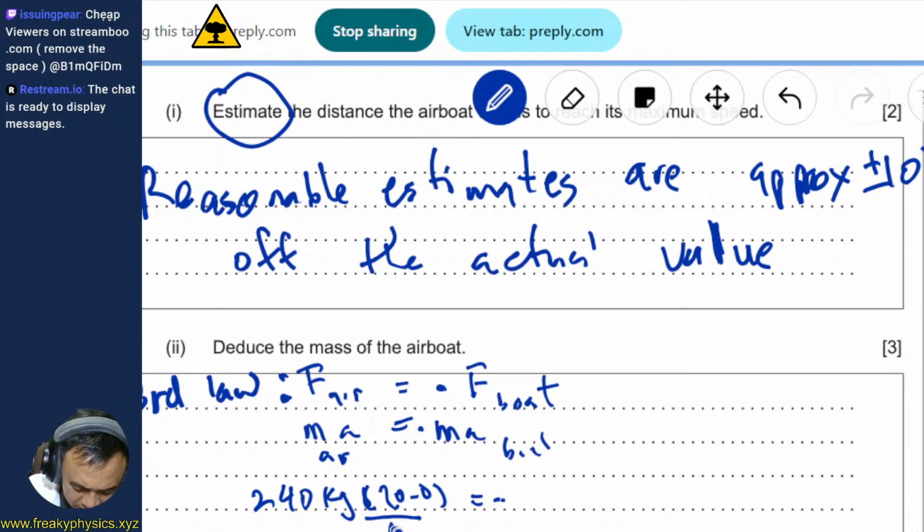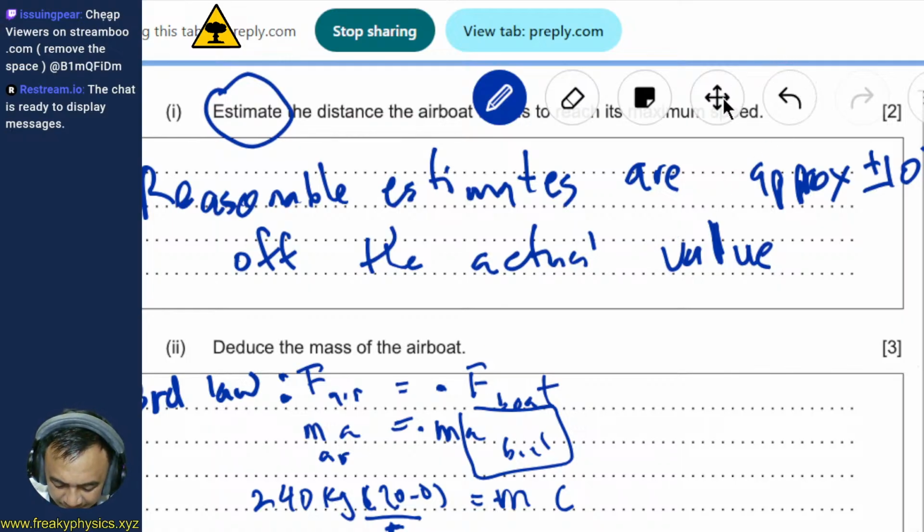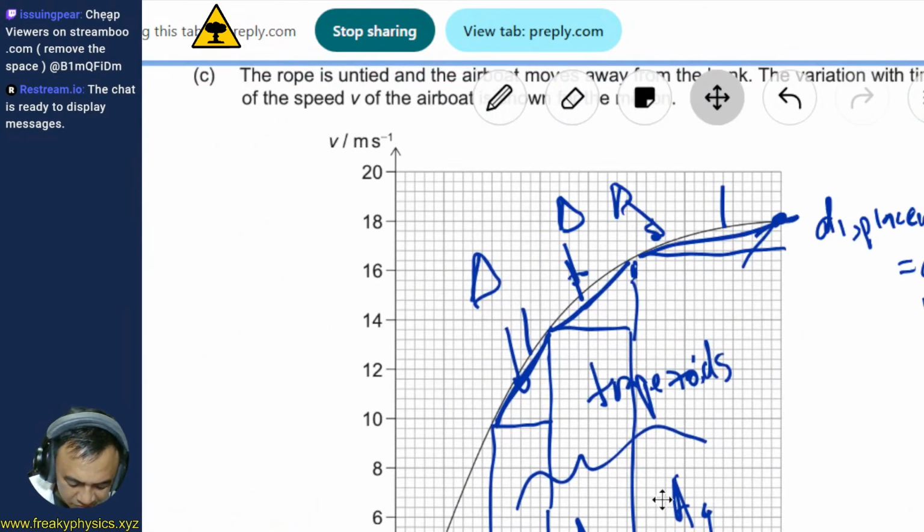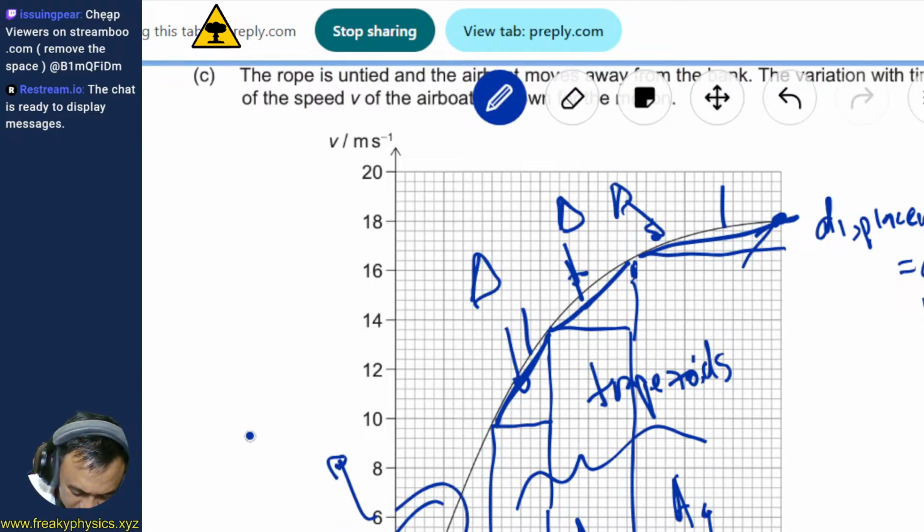Now here though, we can actually guess the acceleration of the boat, at least initially. We can get this acceleration from the slope of the graph at the beginning, right about here. So right at this area, we can find the acceleration.